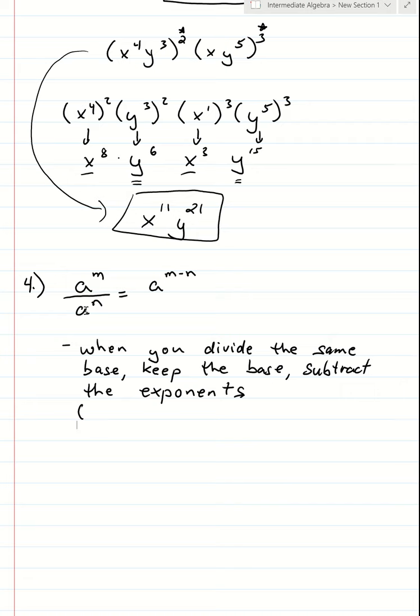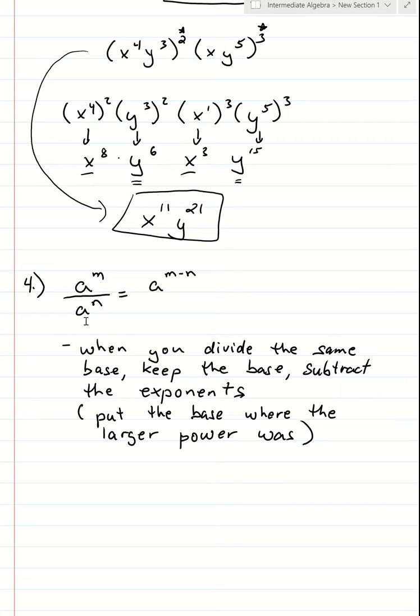First thing we need to determine is where the base A is going to go, okay? So you are going to, first of all, put the base where the larger power was. So if your larger power is in the numerator, A is going to stay in the numerator.